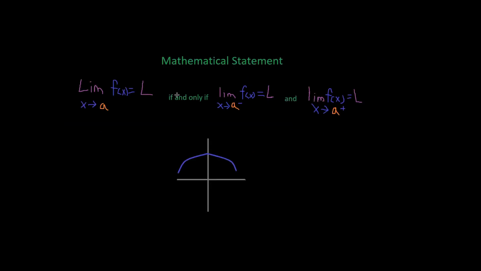Alright, so this is a pretty important mathematical statement for limits. What it means symbolically is that the limit exists if and only if the limit from the left and the limit from the right-hand side are approaching a certain given value.